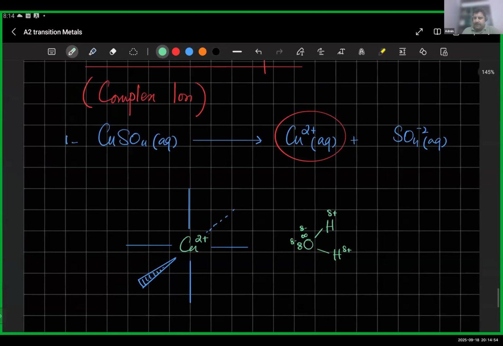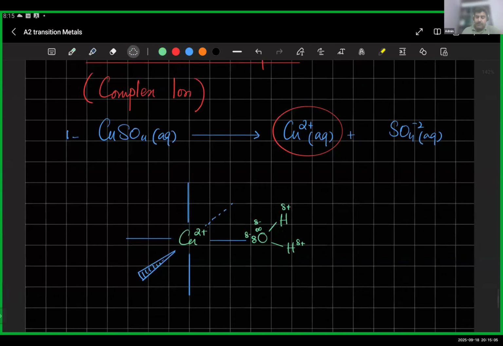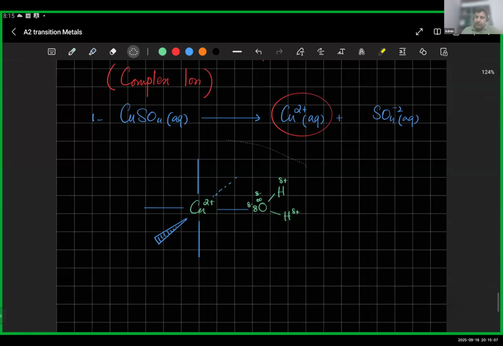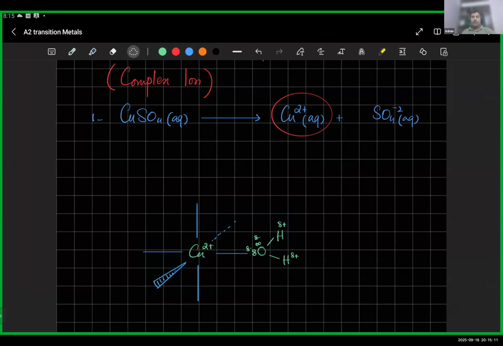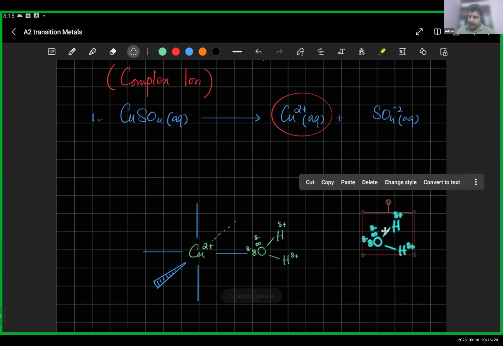Now, the negative part of the water molecule is going to be strongly attracted to the positive ion. So copper ions are not just floating in water, they're actually forming a dative bond with water molecules. The lone pairs of water are very strongly attracted to the copper ions.